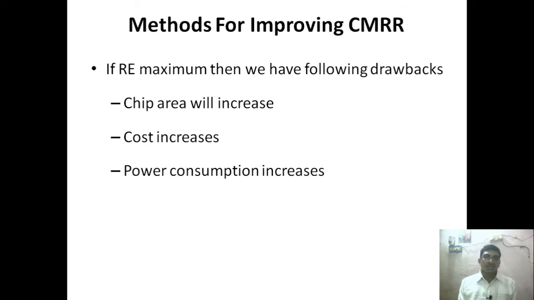And the power consumption increases. If more resistance is used, more power will be consumed. These are all the drawbacks of using more resistance RE in the emitter branch. If we use a high resistance value in the emitter branch, we have these three drawbacks.